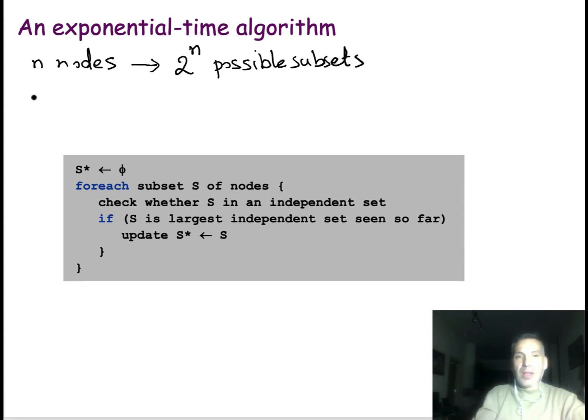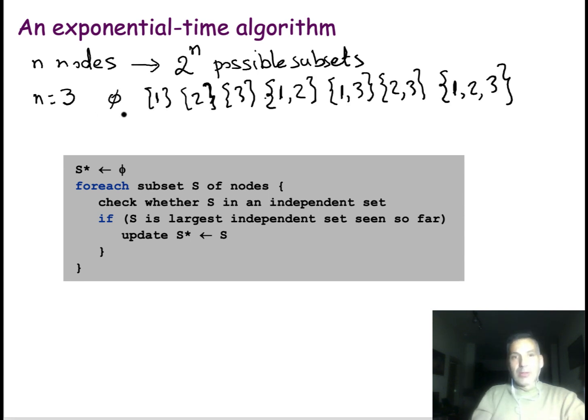For example, for n equal to 3, we have these 8 possible subsets. Now, the algorithm considers each possible subset S and asks whether that set is an independent set.